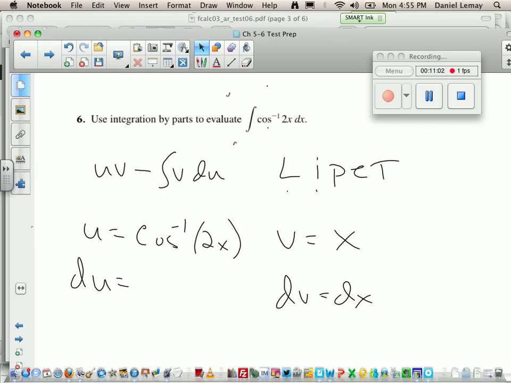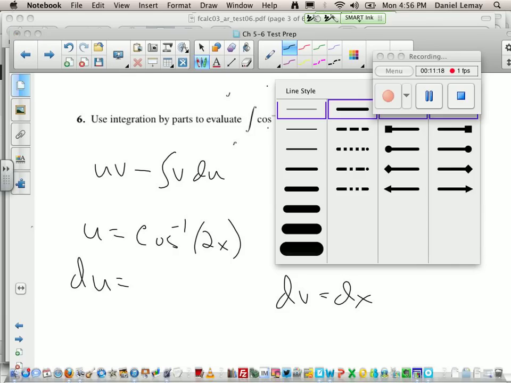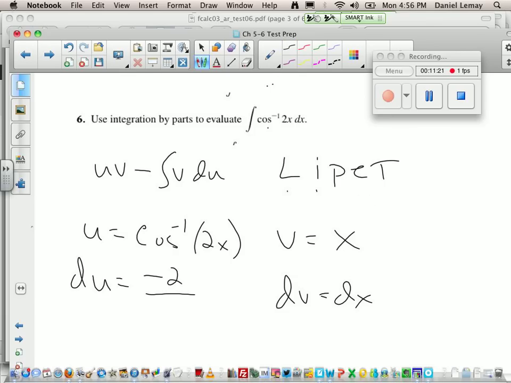It was negative 2, right? Here, I'm just looking for my work. Negative 2 over the square root of 1 minus 4x squared. Okay, then we're going to apply that formula.